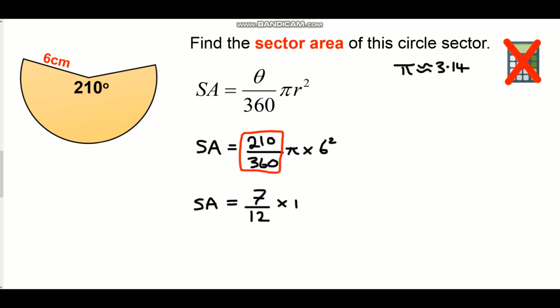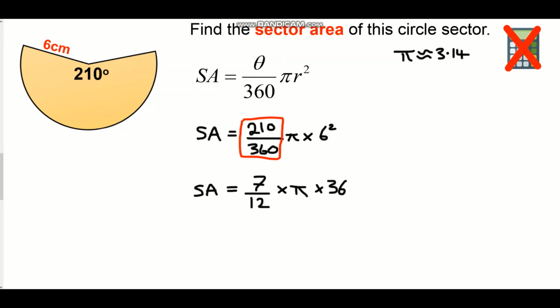times pi times 6 squared, which is 36. Okay, our next step is to make this simpler again. Remember, when you're multiplying three numbers together, it does not matter what order you multiply them in. So I'm going to multiply this fraction here by this number here.